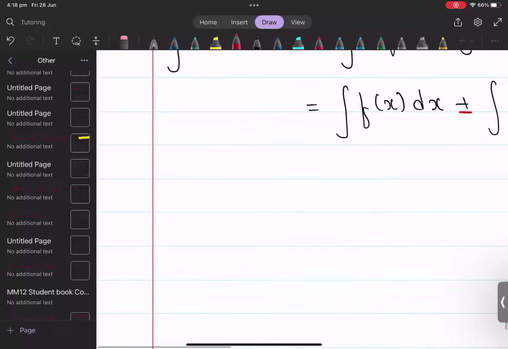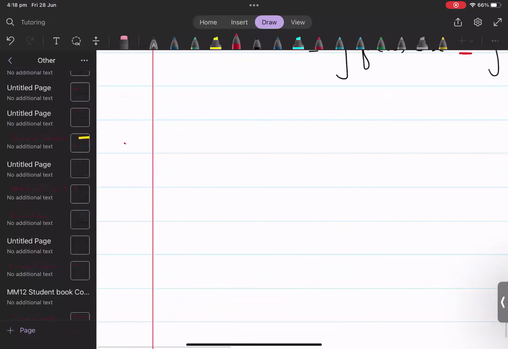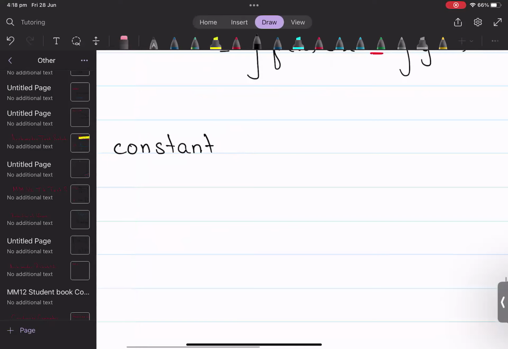And the second one is a neat little property that I have here. I'll let k be a constant. Let k be a constant real number. So this is not a constant of integration, not the c that we introduced above, but just a constant real number.